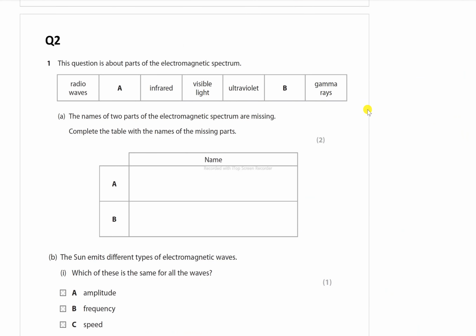So this question is about parts of the electromagnetic spectrum. Right, so remember you said radio, infrared, visible, ultraviolet. You've got X-ray, and is this microwaves? Let's have a look.